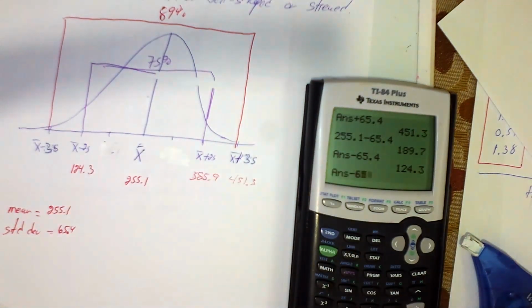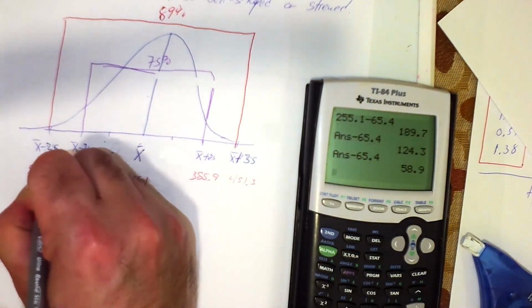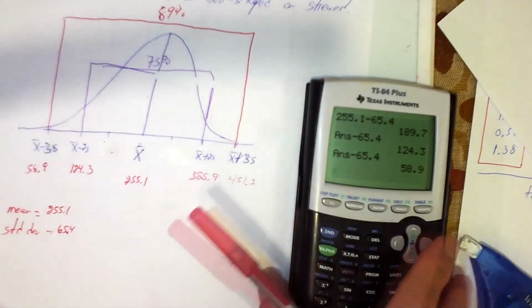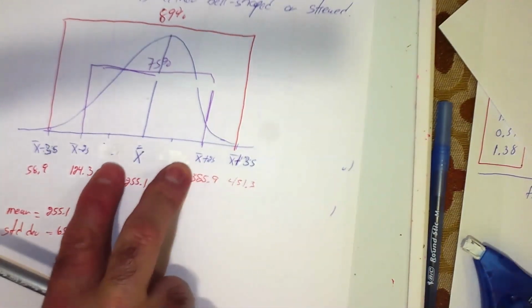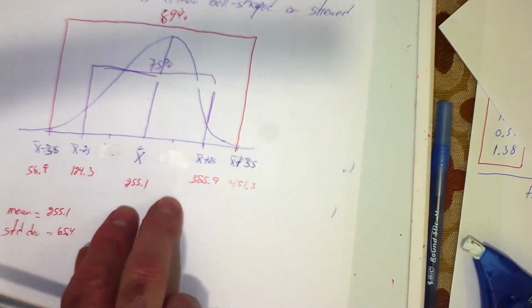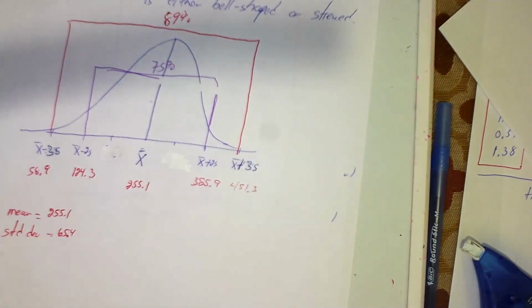And subtract another 65.4, you get 58.9. So there are the readings for the Chebyshev. I skip it. I mean, you can put it down and just block it off, but he doesn't believe it.